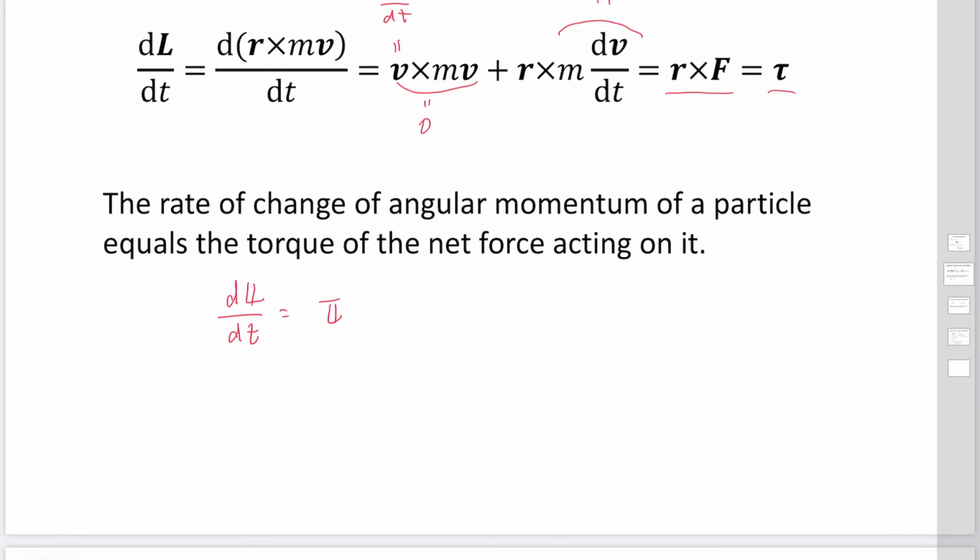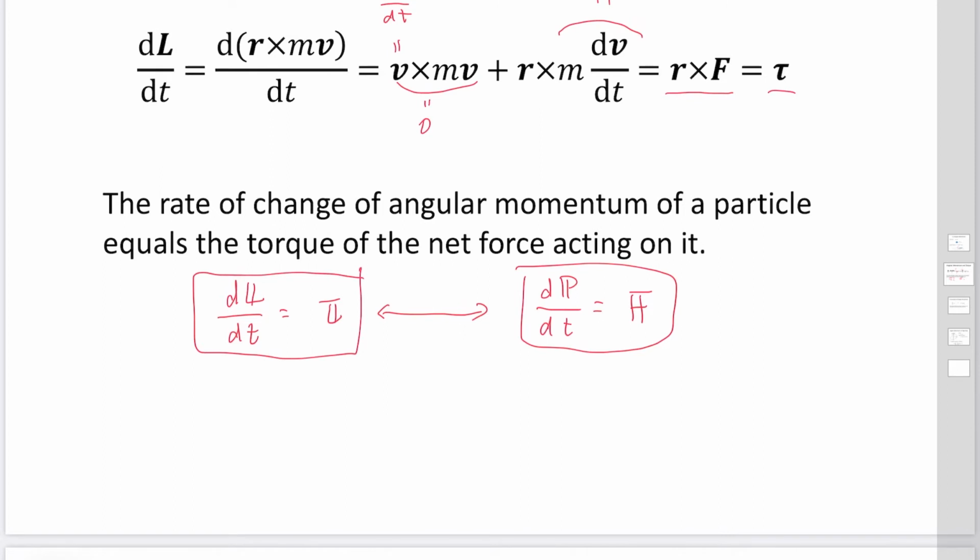This is a very similar equation to Newton's equation of motion, dp/dt equals F. When you consider rotational motion instead of translational motion, you should consider dL/dt equals tau. So L, angular momentum, plays a similar role to momentum.